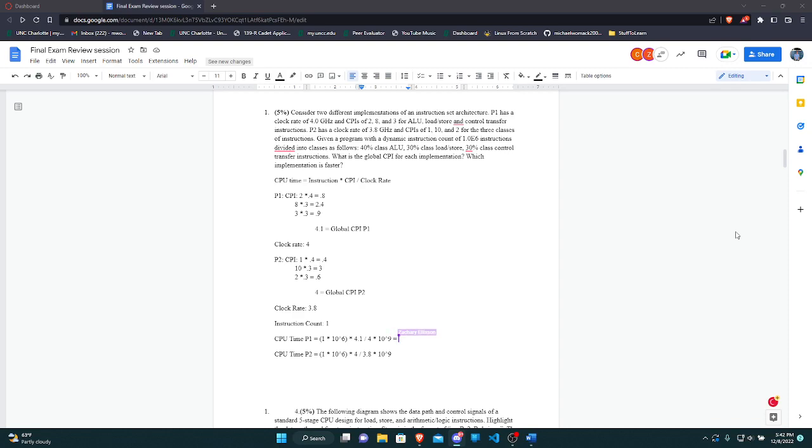If you can't do it, just leave it like this. The CPU time for P1 is going to be 1.025, and the CPU time for P2 is going to be 1.05, times 10 to the negative 3.